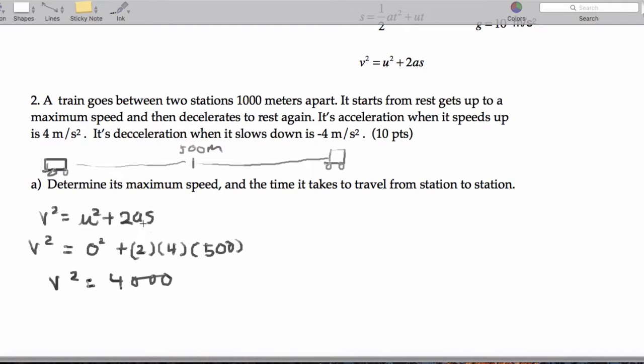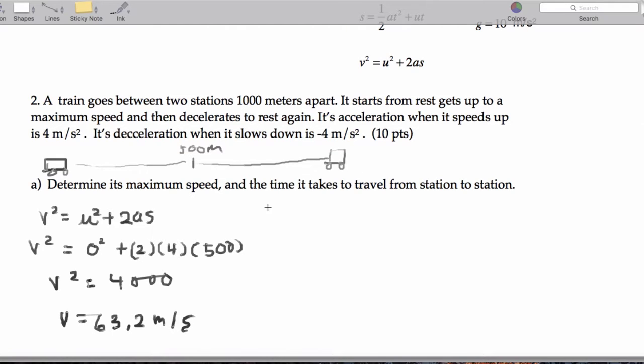When we take the square root of that, v is going to be about 63. Let's just get an exact number on that. Yeah, 63.24 meters per second, or 63.2 meters per second.